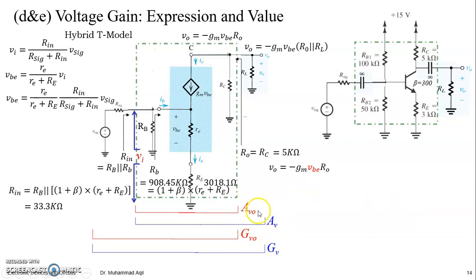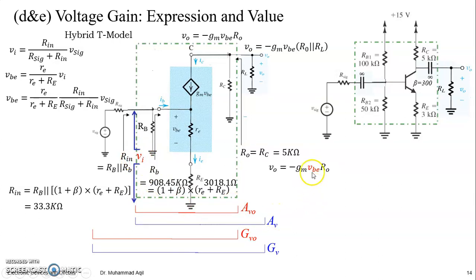So let's consider the gain AV naught. AV naught will be equal to the output of the stage excluding RL, so you are considering this output voltage, which we actually wrote down here, and the ratio of this output voltage with the input of the stage, Vin, will be your AV naught.